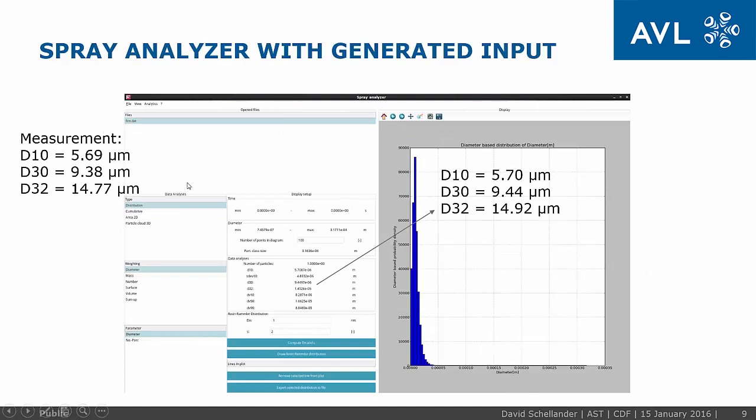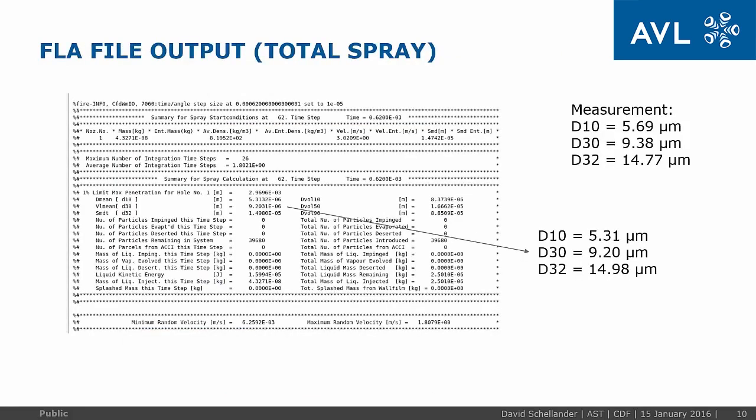The same is given if we import the exported data from the Spray Data Reader to the Spray Analyzer tool. Then we get the same values. So both tools are working with the same software in the background.